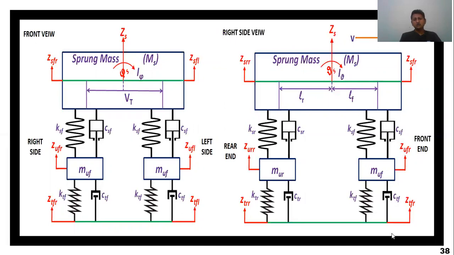The tire is also modeled as a spring and damper because it shows stiffness and damping properties. The center part is the suspension system, and the topmost part is the vehicle body or the passenger cabin.